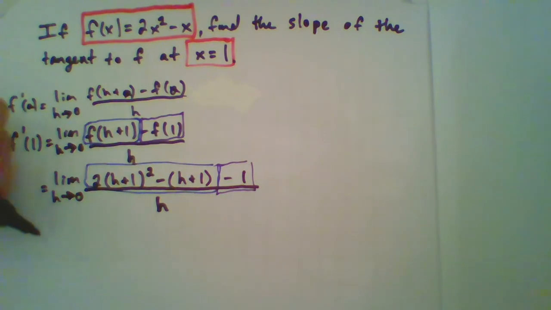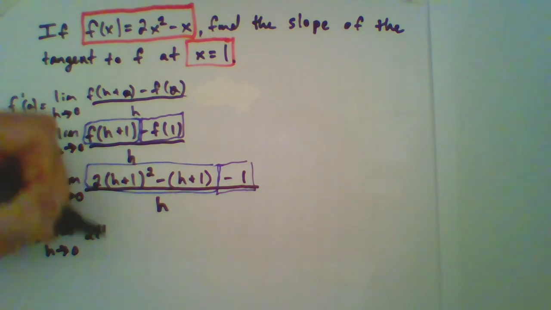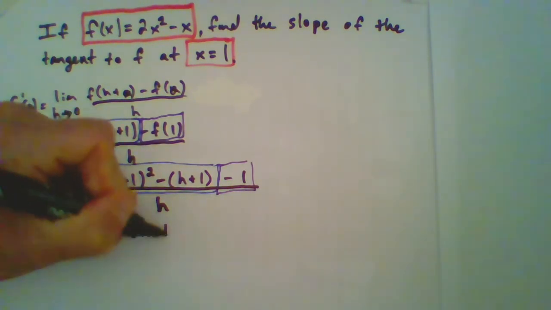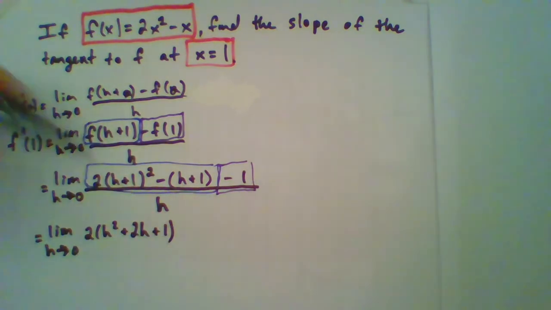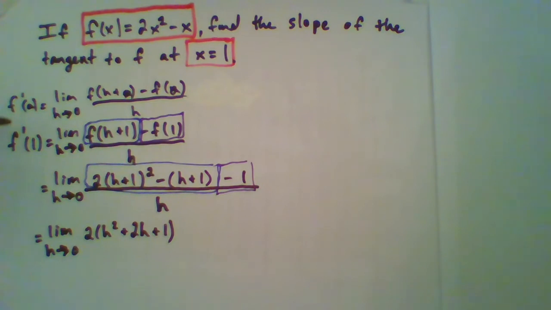Okay, so we've got a considerable amount of algebra to do here. If I expand this bracket, I get 2 times h squared plus 2h plus 1, minus this term here. I guess I can expand that negative sign into the bracket.